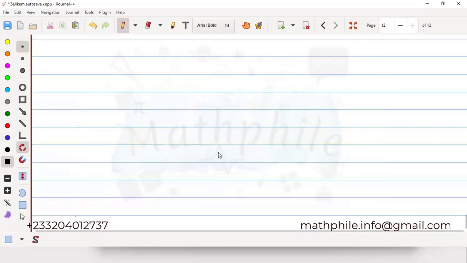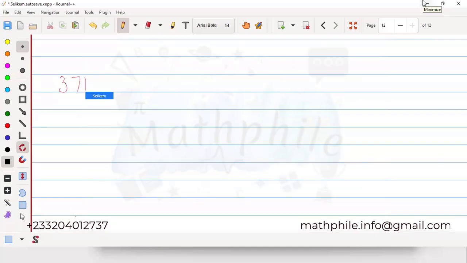You can annotate 371 divided by 15. This is a little bit lengthy. So 371 divided by 15.